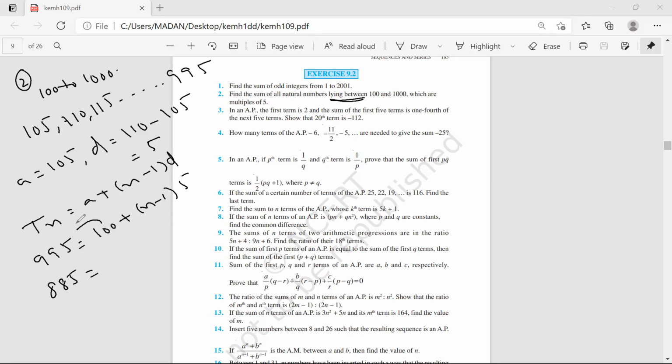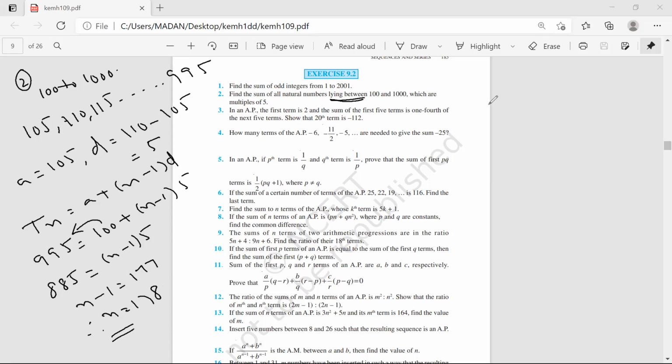I am taking this side: 995 minus 100, 885. Divide with 5. 5 1 ja 5, 5 7 ja 35. N is equal to 178.